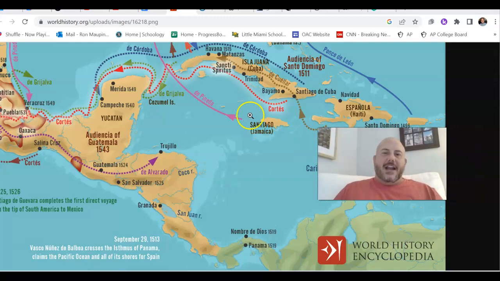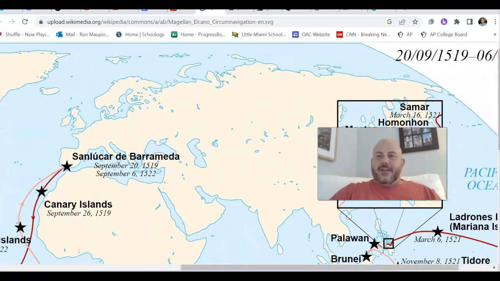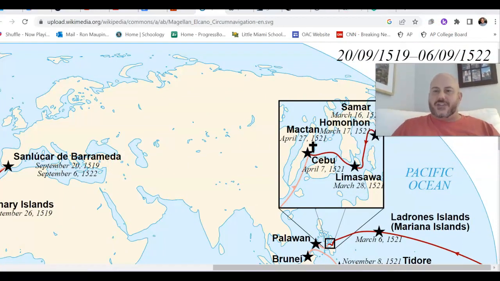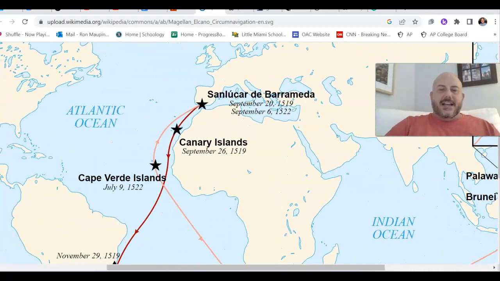And that is where Magellan is going to be coming in. If you take a look here, the efforts of Magellan are going to be a 3-year-long mission to basically try to circumnavigate the globe.